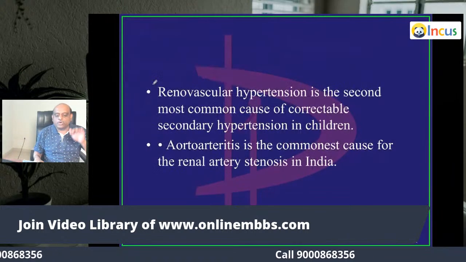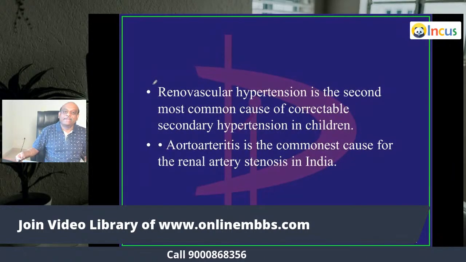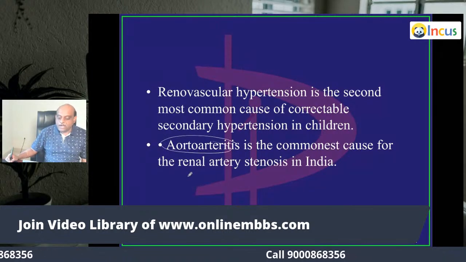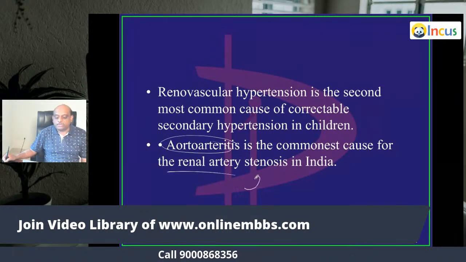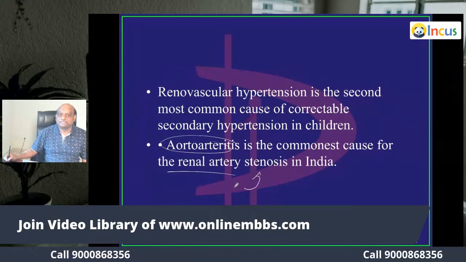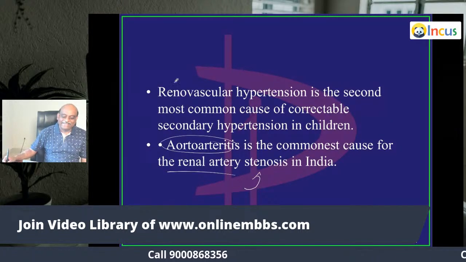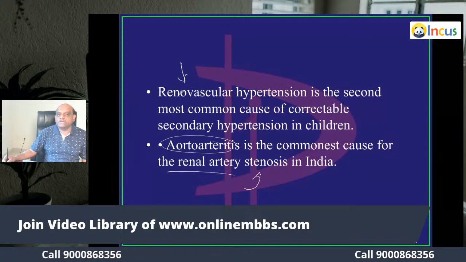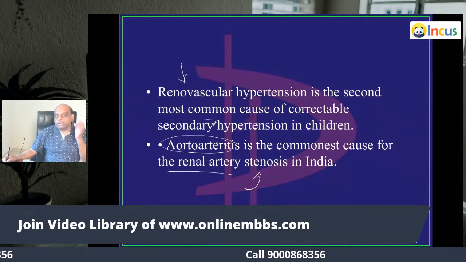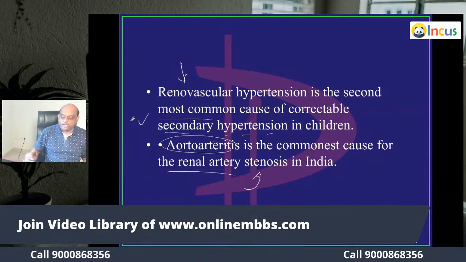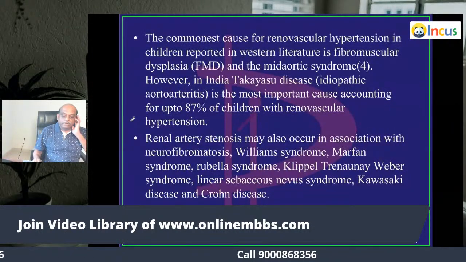Takayasu's aortoarteritis. So you should remember, aortoarteritis is the commonest cause of renal artery stenosis in India. Renovascular hypertension is the second most common cause of correctable secondary hypertension in children, is what you need to remember.